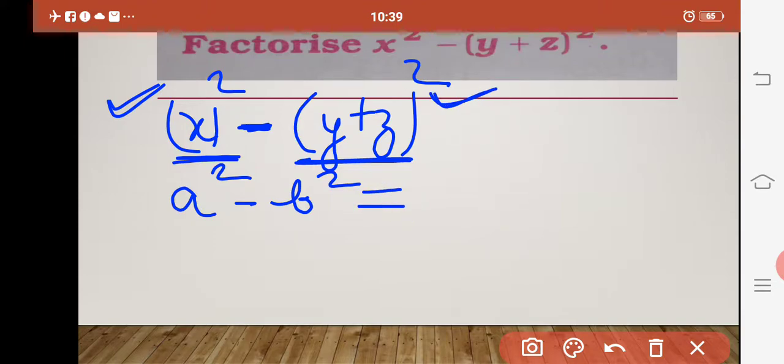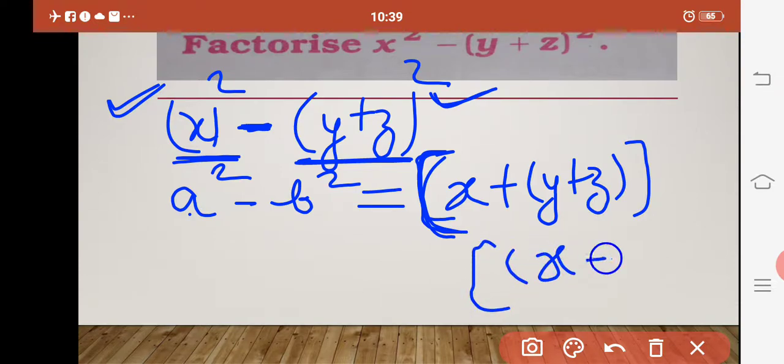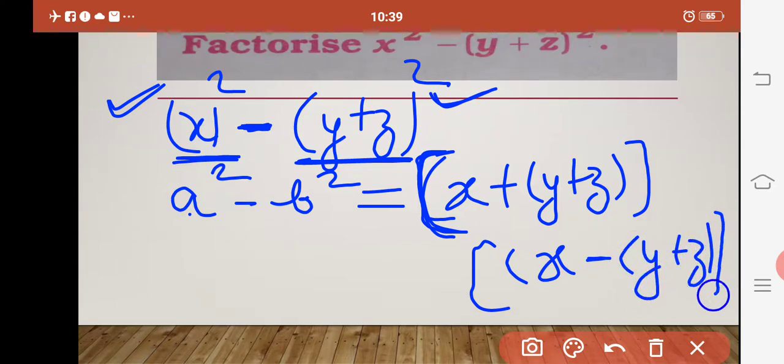Again using the same identity, a plus b: a is x, and b is y plus z, so x plus (y plus z). And the other bracket is a minus b, x minus (y plus z).